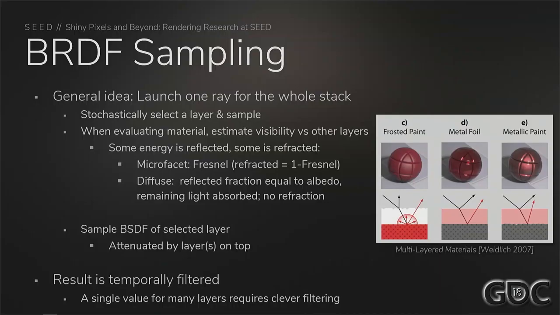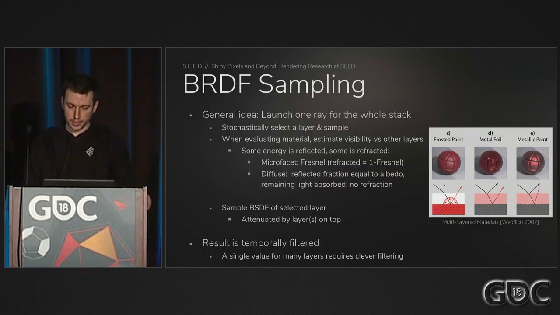I mentioned multiple layers, so here's how it works when we need to actually sample. The general idea is that you only launch a single ray for the whole material stack. We stochastically select and sample a layer, and we estimate its visibility versus the other layers.